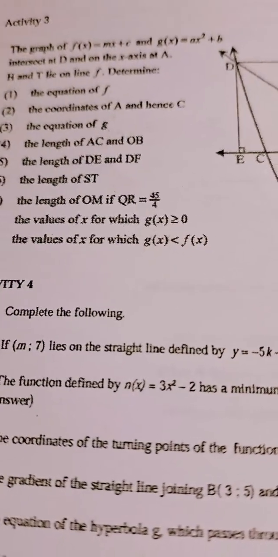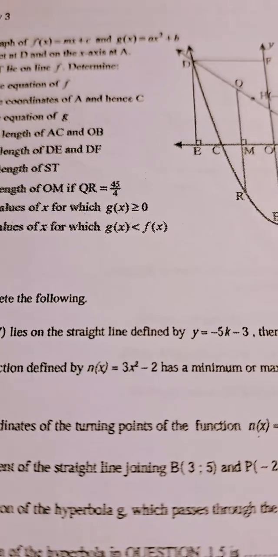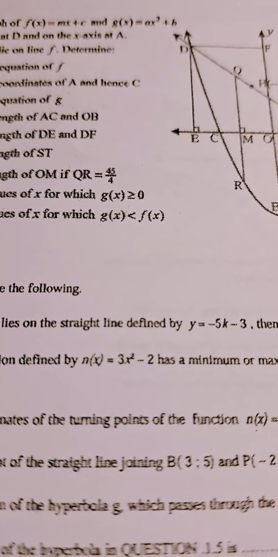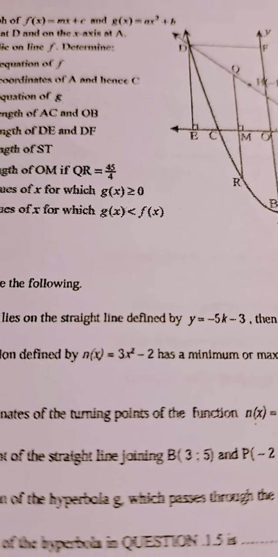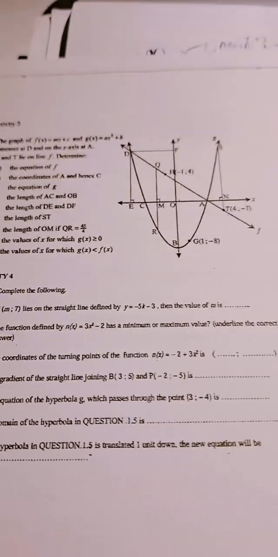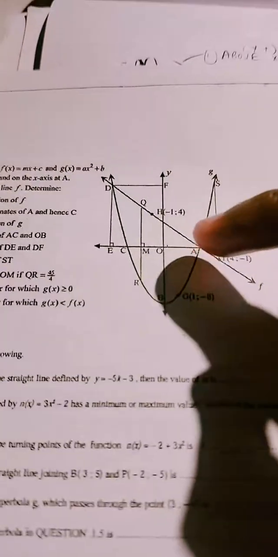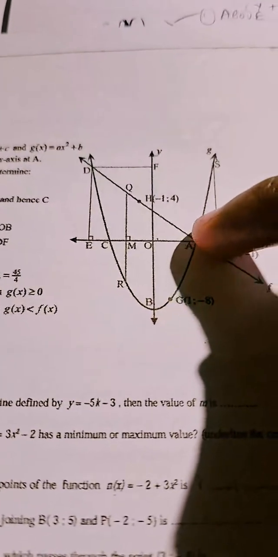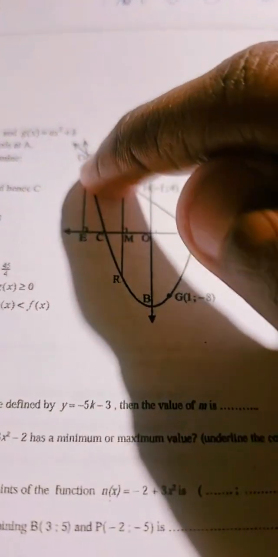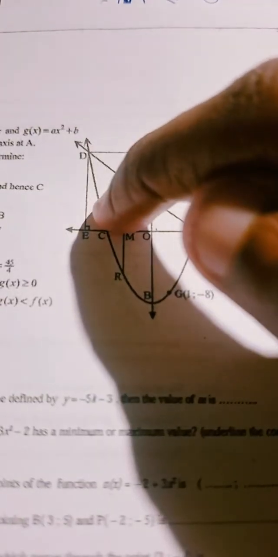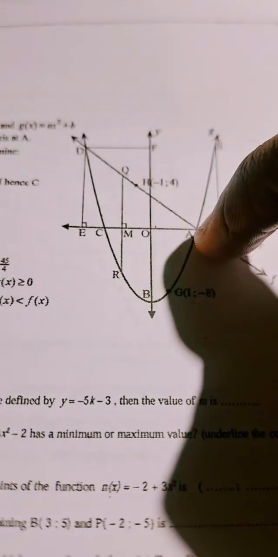So they want to know where is the function above or on the x-axis. In other words, where is y positive and equal to 0. Remember, if you go down like this, here the function is above, then here the function is below.